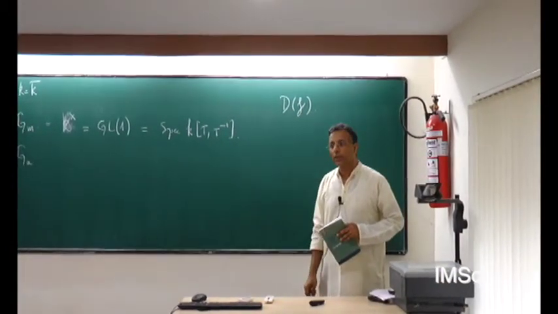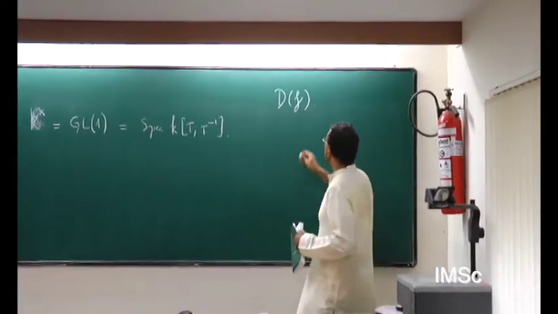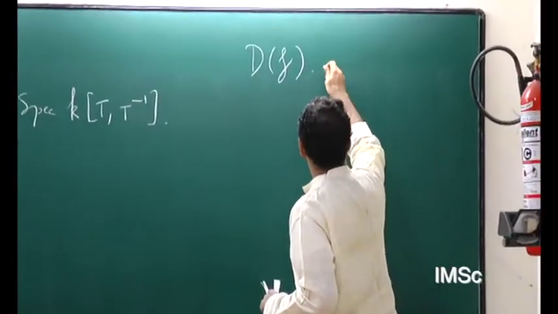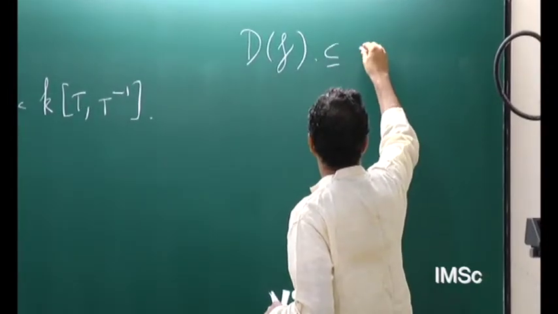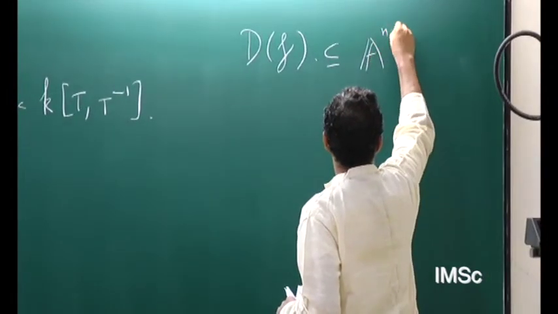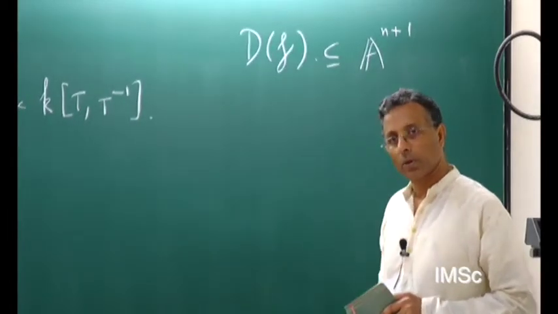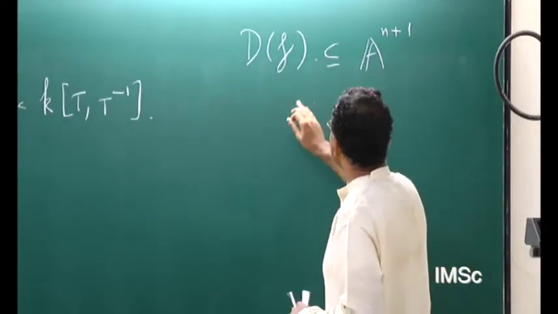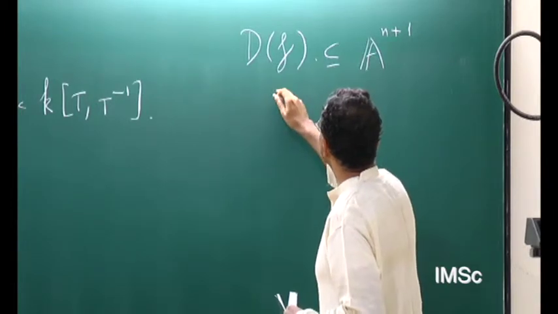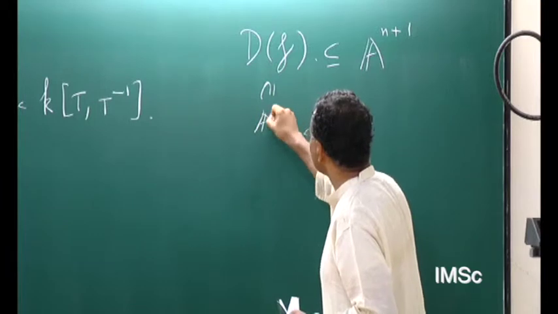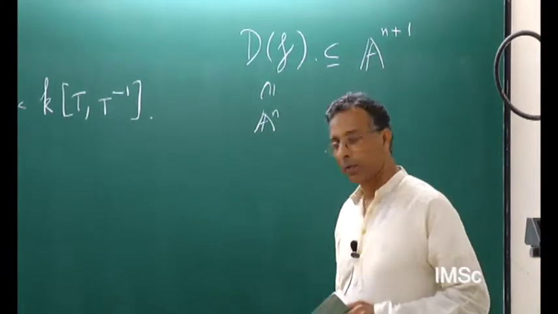Okay, so Df, how do you think of this as a variety? Well, you can think of it as sitting inside A^(n+1), right? So what is the map? So you have Df sitting inside A^n, right?